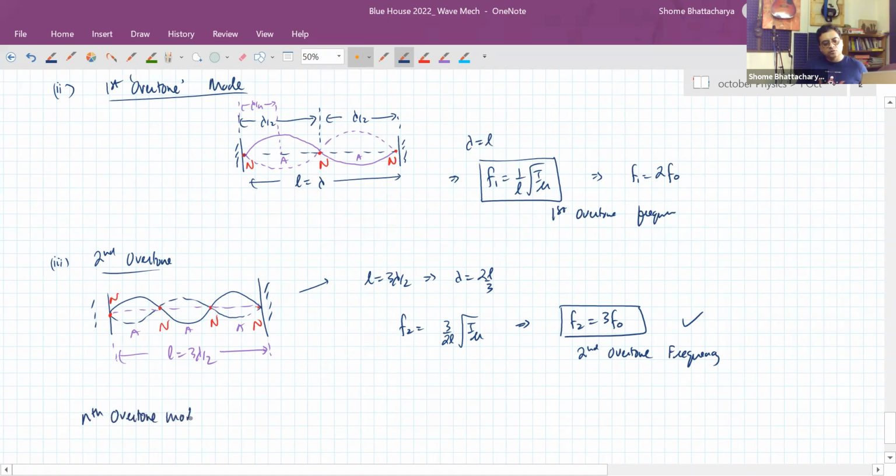And like that, the nth overtone mode, in that what happens is that the length becomes like this, n plus 1 times lambda by 2.